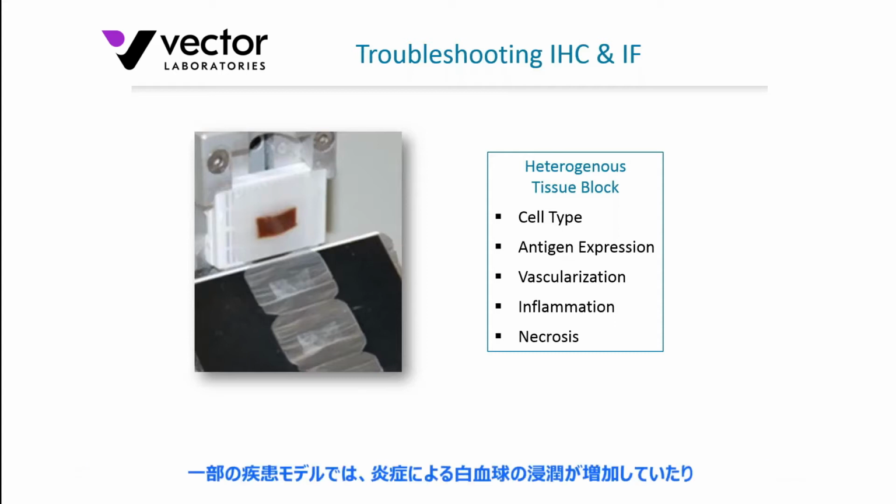Or indeed, in some disease models, there may be increased inflammation, which may increase, say, leukocyte infiltration or things like that. Or indeed, there may be areas of necrosis or dead tissue. Now, as you're cutting into these blocks, all of these factors may contribute to background. So you have to be flexible in your approach in these methodologies.